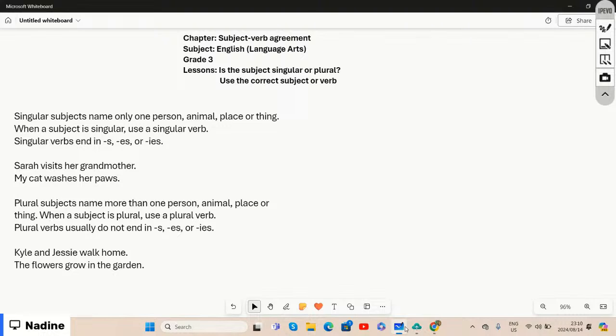So Sarah is one person, so that's a singular subject. So visits ends with an s because it is a singular verb. Singular subject with a singular verb that ends with an s.